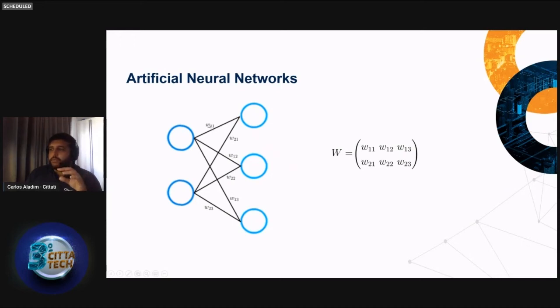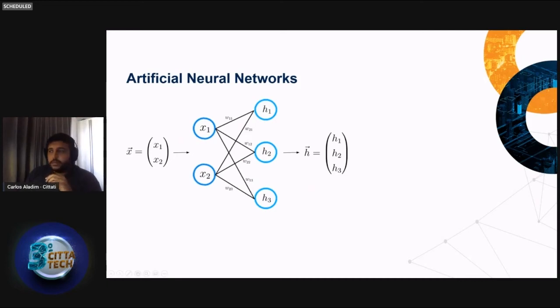So we have the indexes here, and the combination of that will generate a weight matrix. This weight matrix will be used to calculate the transfer function, and after that, the activation function of each node.